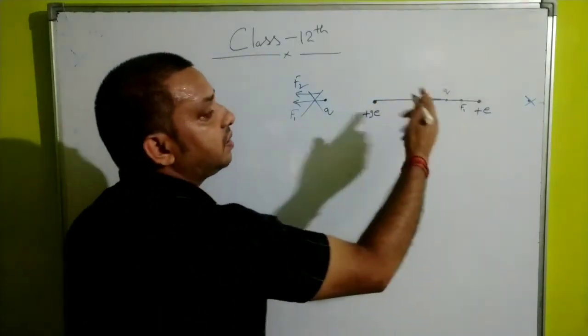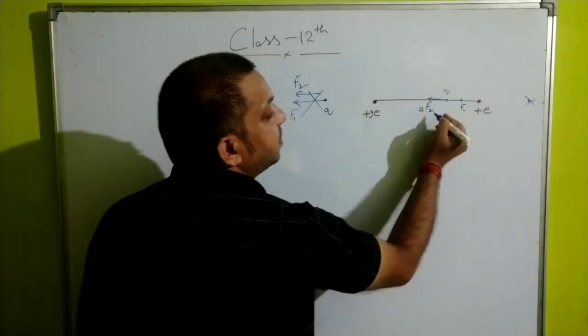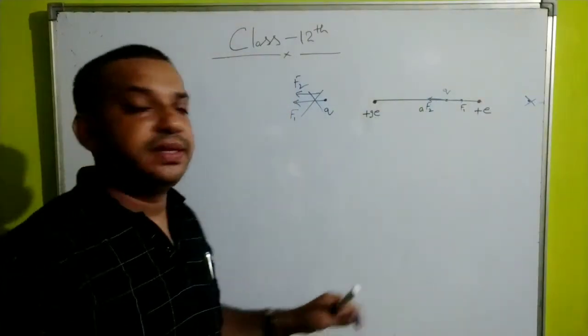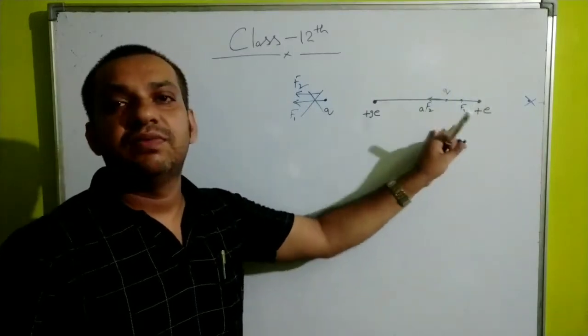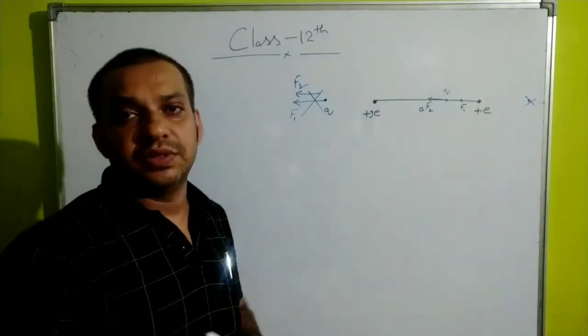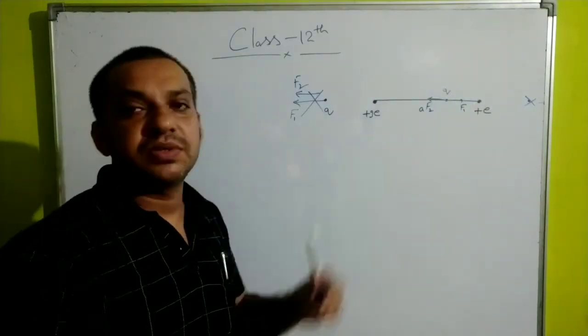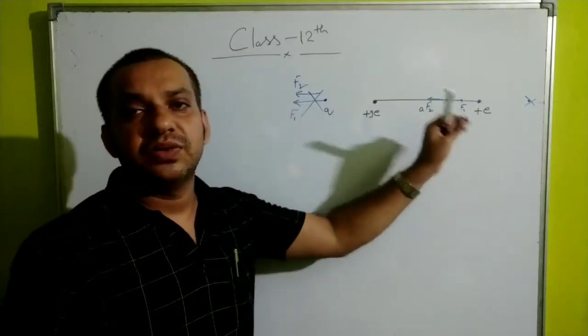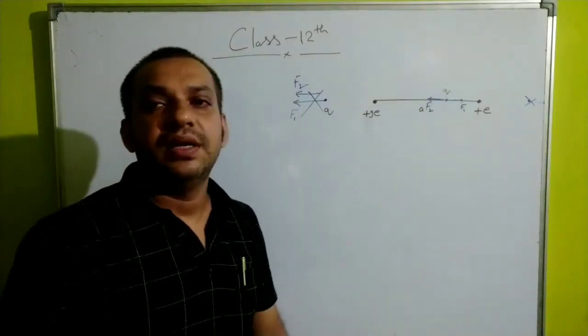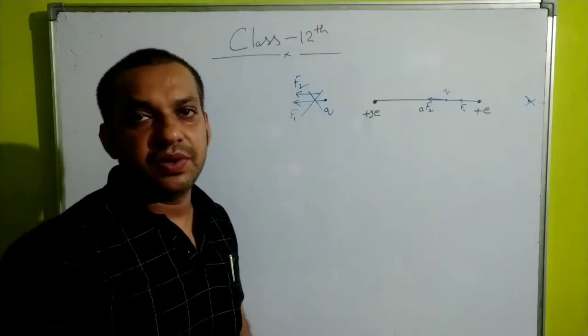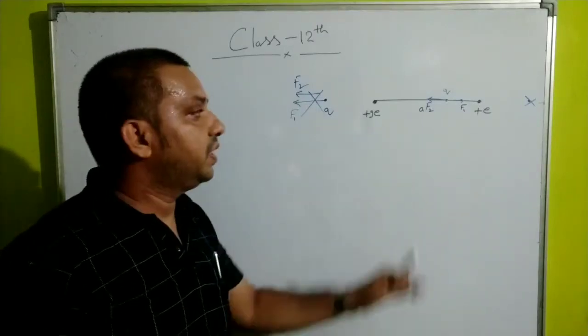So in this direction you get F2. Now you can see that this time both forces F1 and F2 are opposite. So there is a possibility that these two are equal in magnitude, and the third charge will not experience any net force because both get cancelled out. So here you are getting a chance.